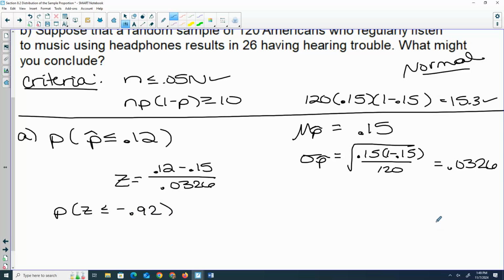That gives negative 0.92. Less than is what our table tells us, so we just have to look this up. We get 0.1788.